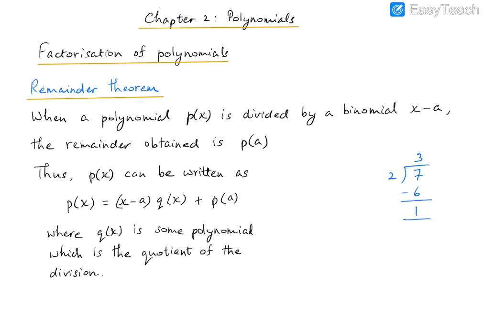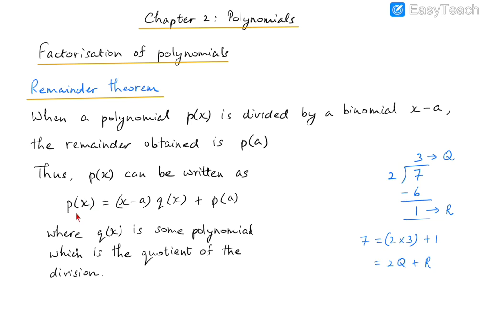The 3 is the quotient, which we will denote as q, and the 1 is the remainder, which we'll call r. Clearly, the number 7 can be represented as 2 times the quotient, that is 2 times 3, plus the remainder, which is 1.